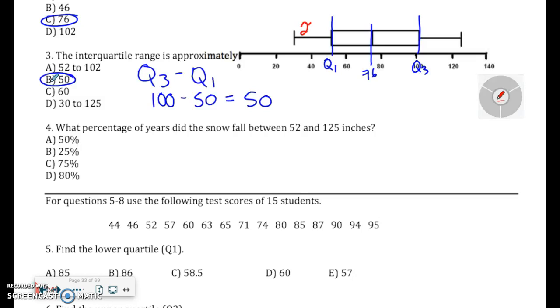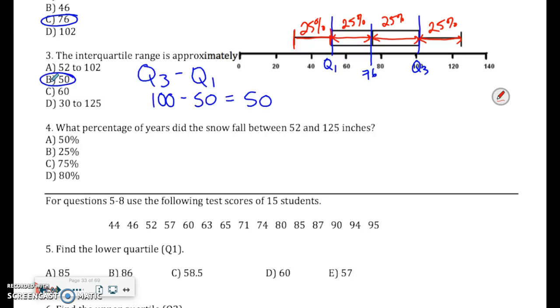So this part is 25% from here to here. This part is another 25% of your data from here to here. We have another 25% here. And the last fourth, or the last 25%, lies right there on your picture.